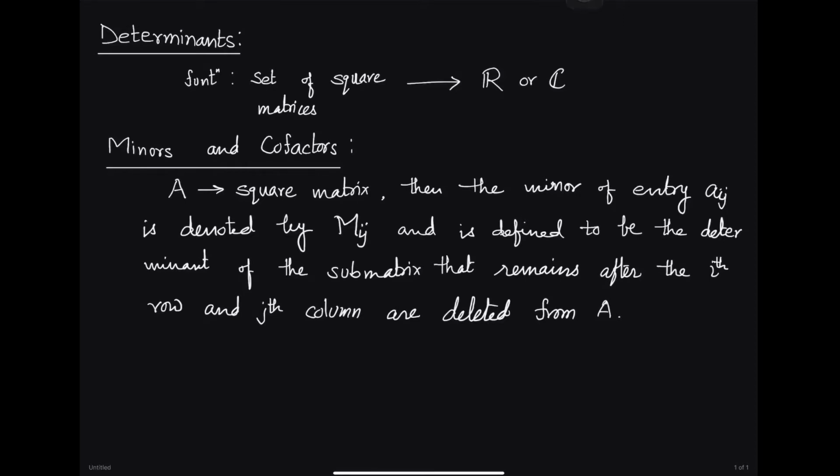That means for a square matrix A, for each entry we can find a minor, and the cofactor is the number Cij. This is the notation for the cofactor, and it is given by (-1) to the power i plus j times Mij. So this number Cij is called the cofactor.